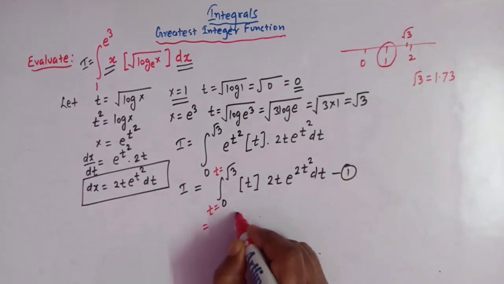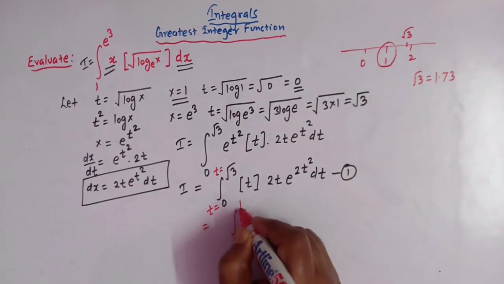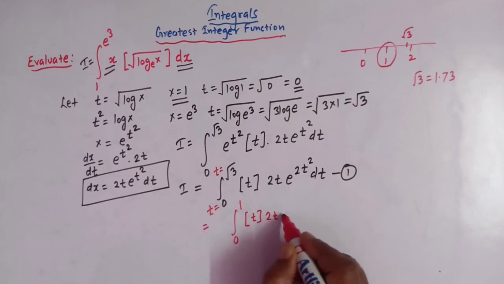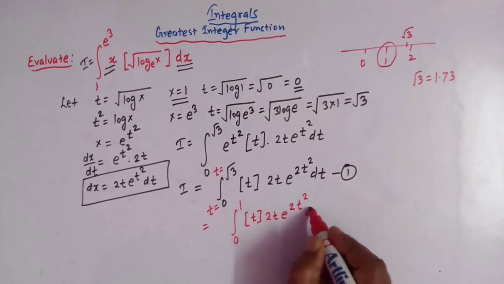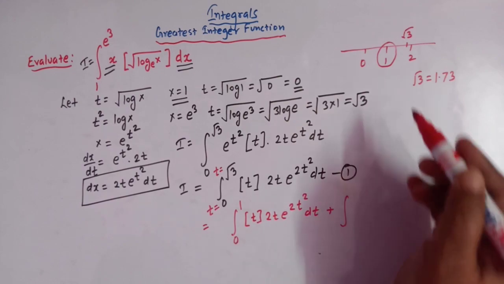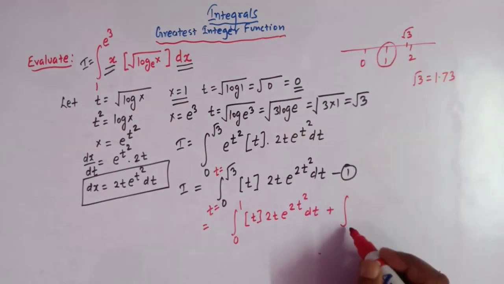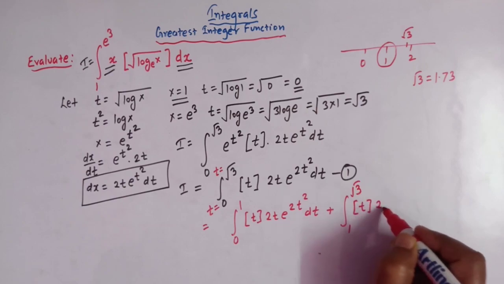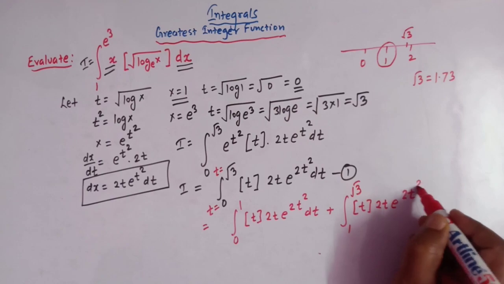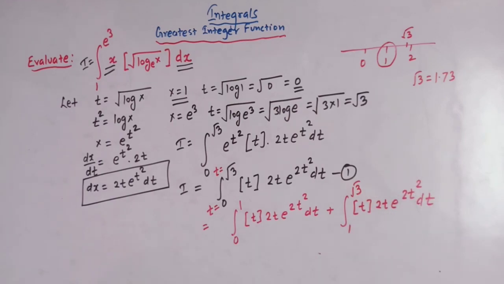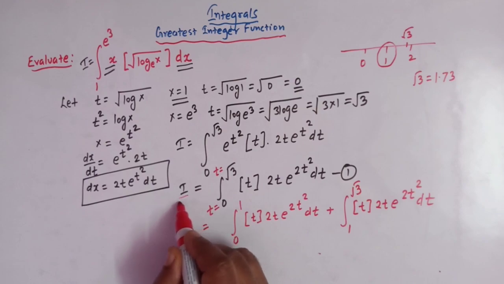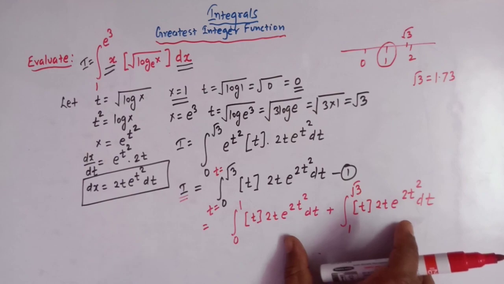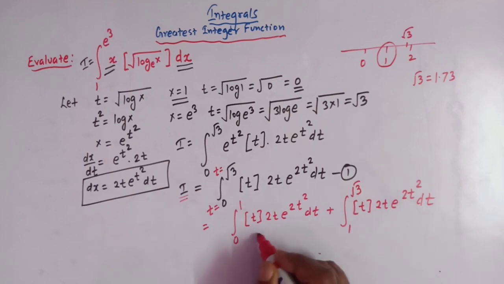So we'll first go from 0 to 1, and the integrand is greatest integer of t, 2t e raised to 2t square dt, plus, then we'll go from 1 to square root of 3, where we have greatest integer of t, 2t e raised to 2t square dt. So we have written this I as a sum of two integrals. Okay, now let us take the first integral.